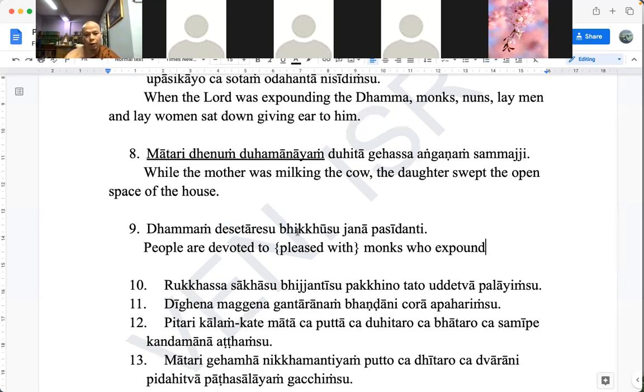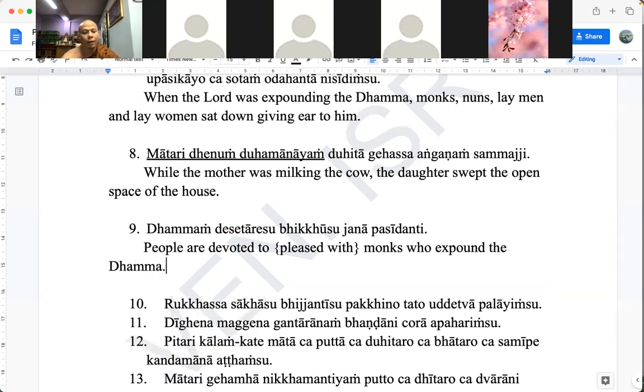They say that, and the object for that is Dhamma. Who has found the Dhamma? So Dhamma desitarisu bhikkhusu jana is one phrase, and jana pasidanti, so people are pleased with monks, bhikkhusu, who have found the Dhamma.